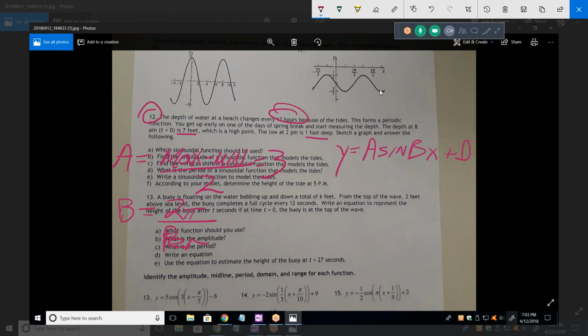Exactly 12. So the period is 12, so B equals pi over 6. Now, D. We don't have a C, but D is the maximum plus the minimum divided by 2.